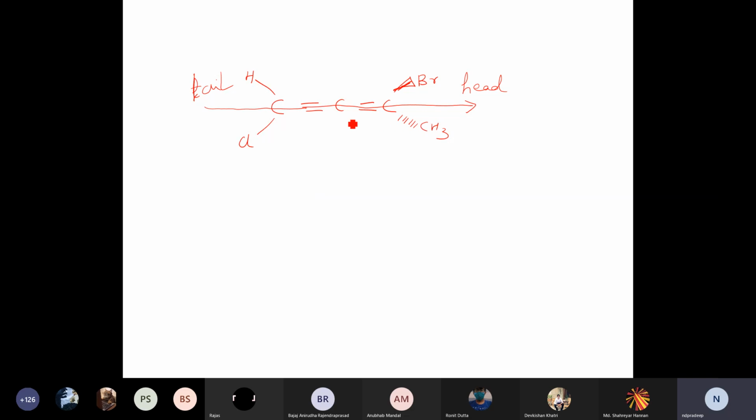Use the same principle for any stereochemistry, for any molecule. This is the best way to look into the molecule. Wherever the stereochemistry is assigned, the dash and wedge always make them the head, and see from the back side of the molecule.